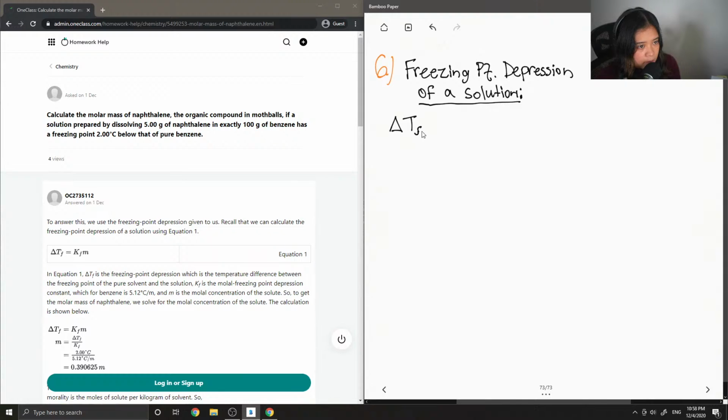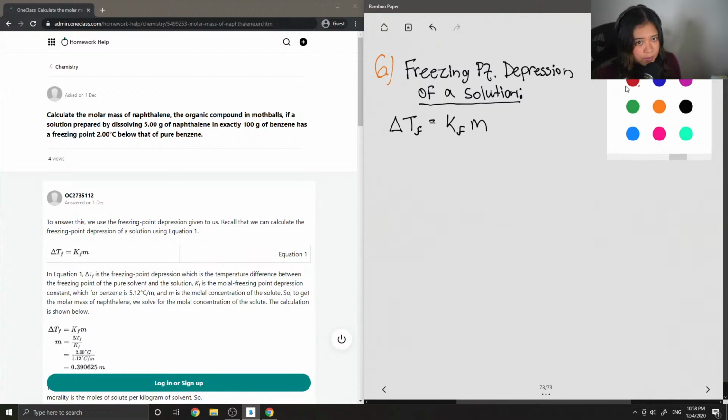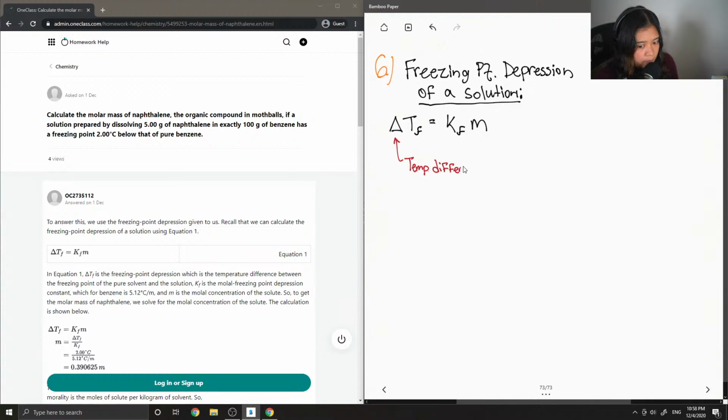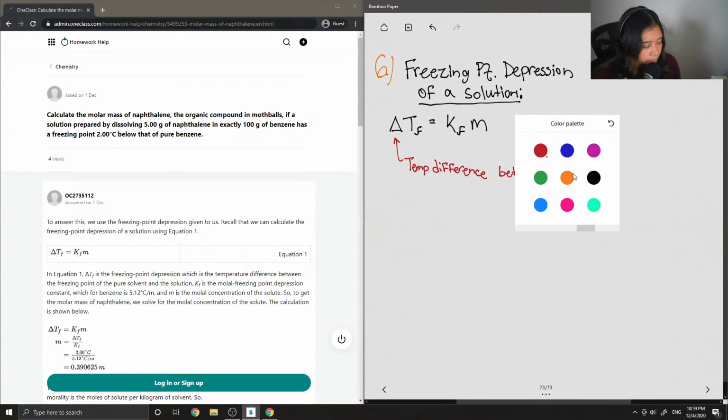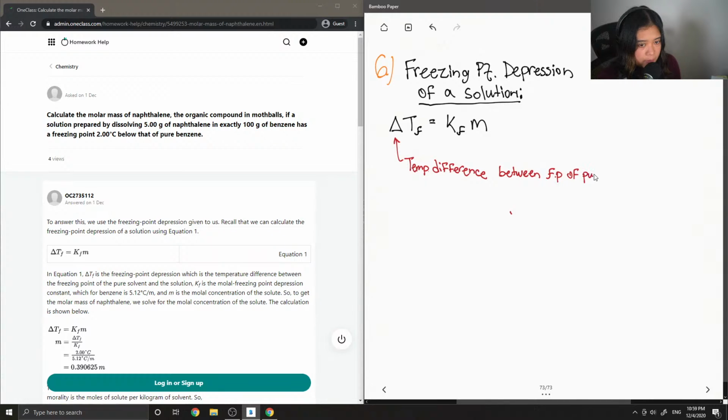This is delta Tf equal to Kf times m. So delta Tf is the temperature difference between the freezing point of the pure solvent and the solution.